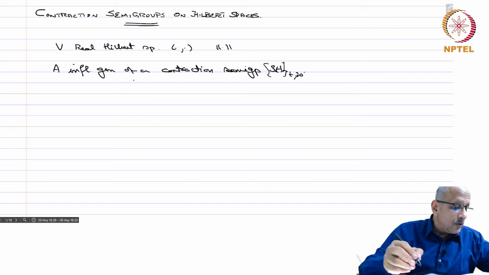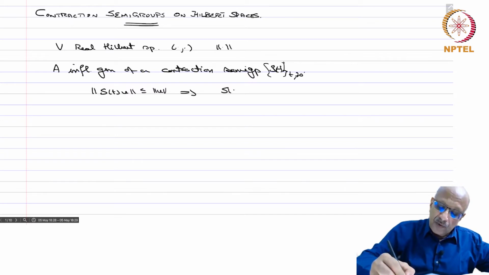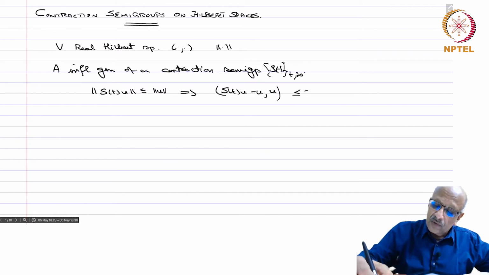Okay. So, the norm of S(t)u is therefore less than or equal to the norm of u, and therefore, this implies that (S(t)u - u, u). So, (S(t)u, u) will, by the Cauchy-Schwarz inequality, be less than or equal to the norm of u squared, and therefore, this is less than or equal to 0.